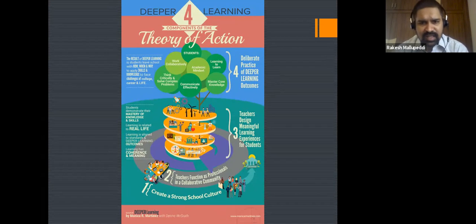So here is a small pictorial representation of what we have seen till now. If you see from the bottom, you create a strong school culture, then teachers function as professionals in a collaborative community. Like I said, you are the guide, you are the mentors. You show the collaborative community methodology, it starts with you, and the students are more receptive to what you say.